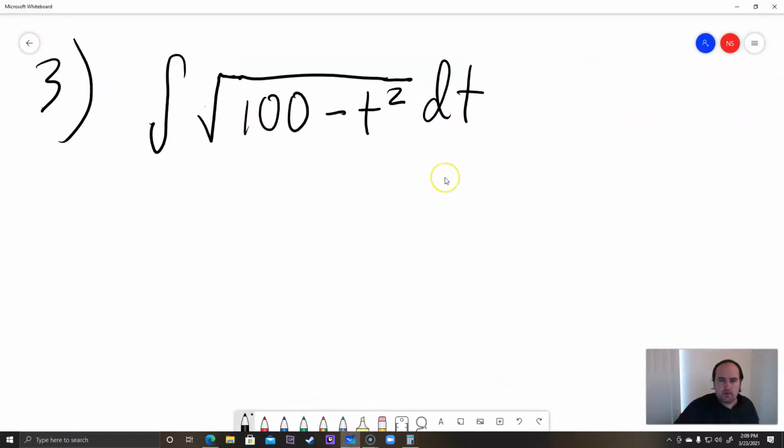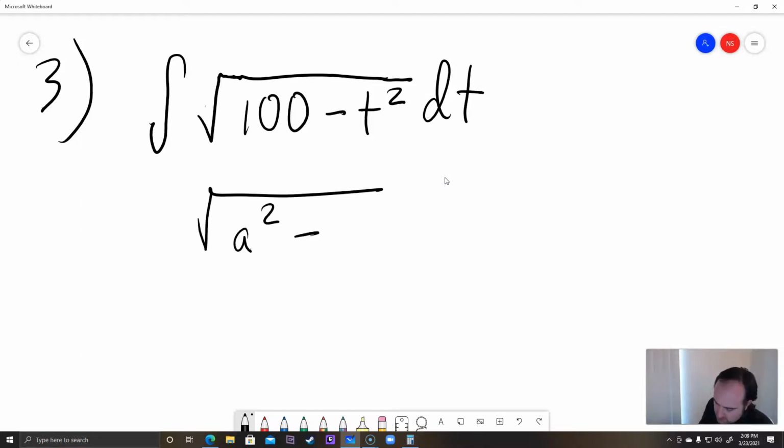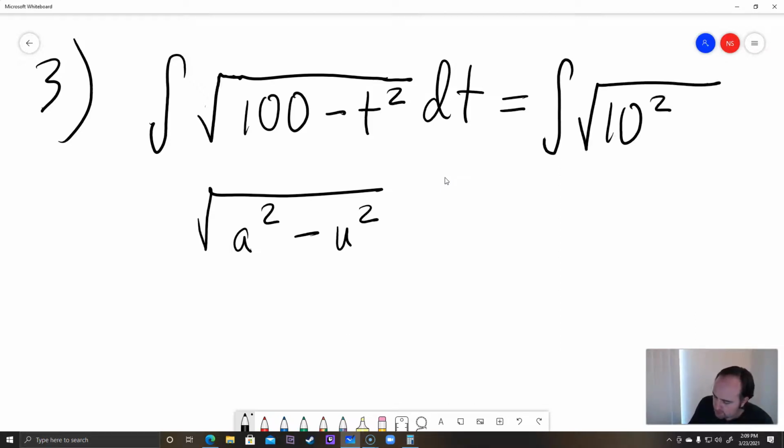Well, here we can see that 100 is 10 squared. So we have the integral of the square root of 10 squared minus t squared dt.